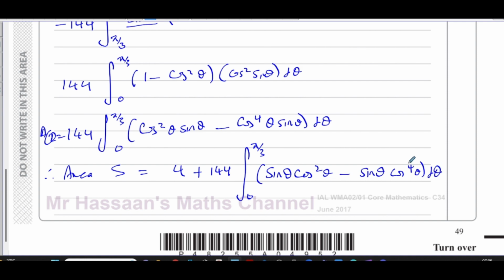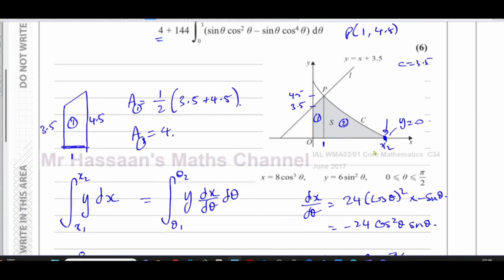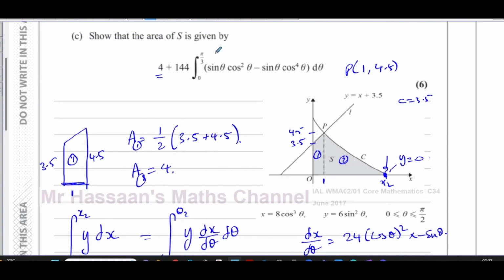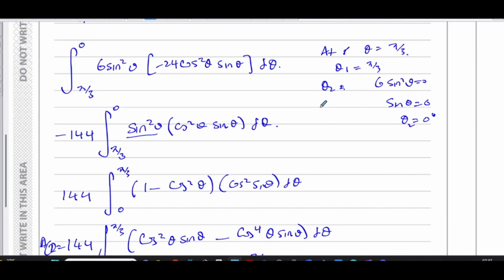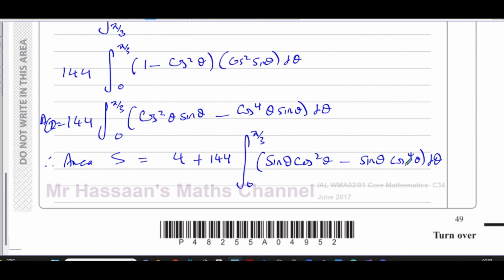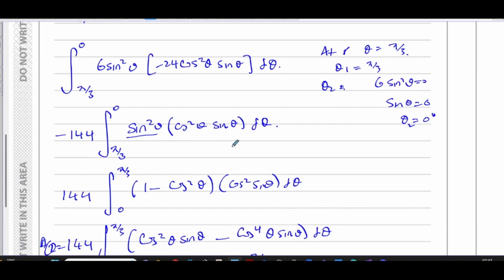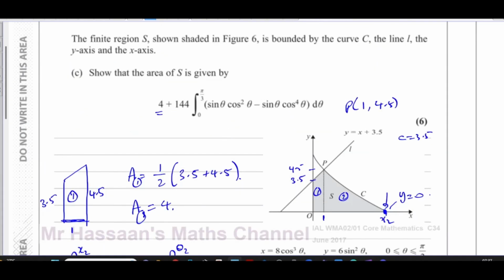So that's quite a long process, 6 marks, and we ended up with the answer in the end using parametric integration. Okay, so that's the answer to part C.